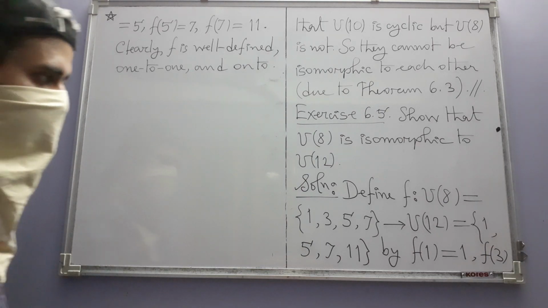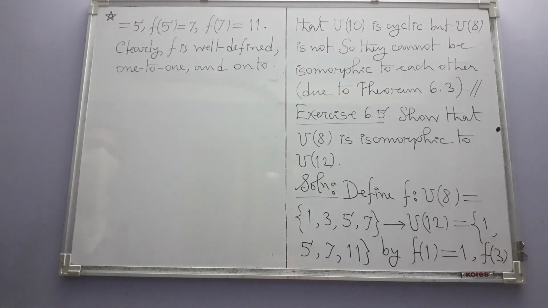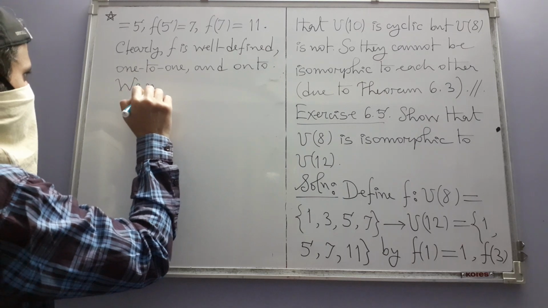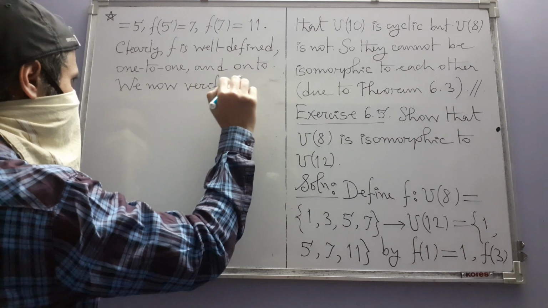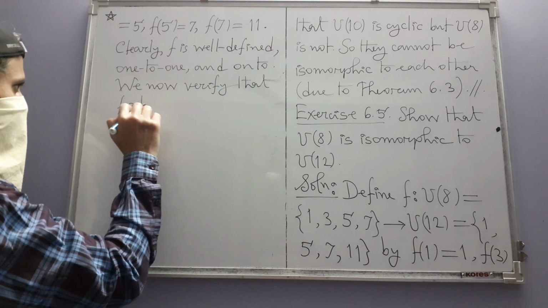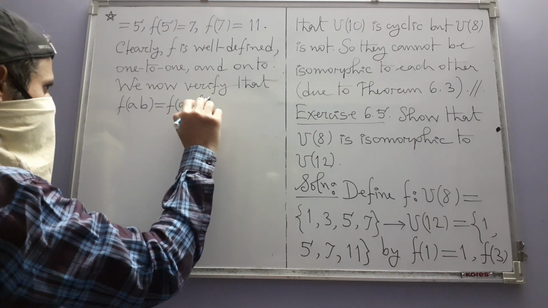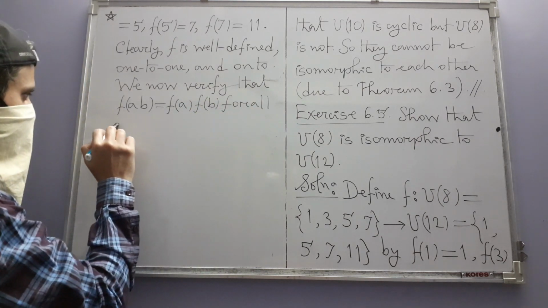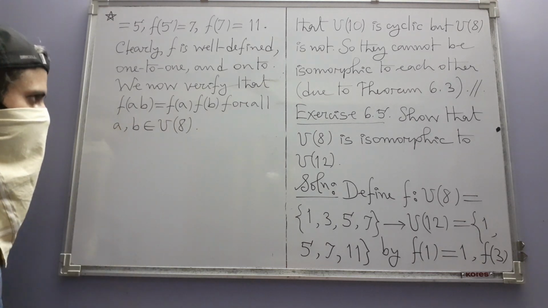Now, what are the products that we need to check, need to verify? We now verify that f of AB is equal to f of A times f of B for all elements A and B in U8.